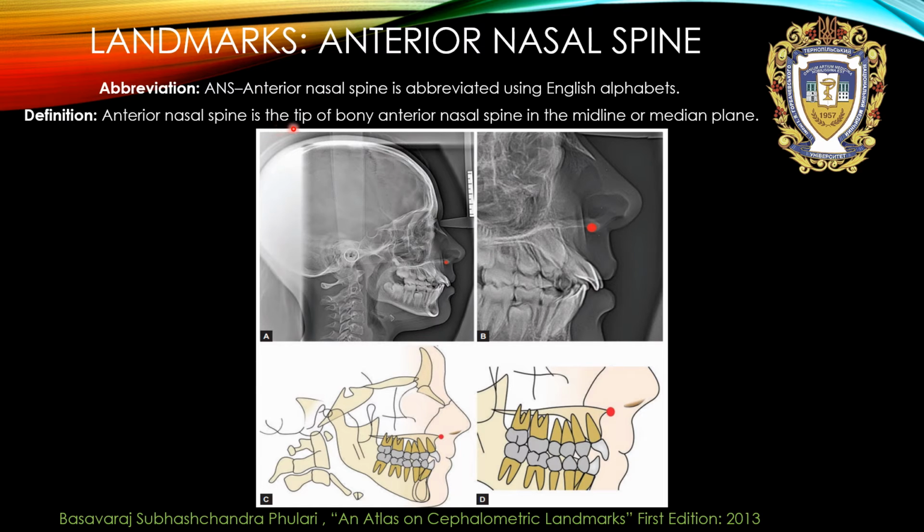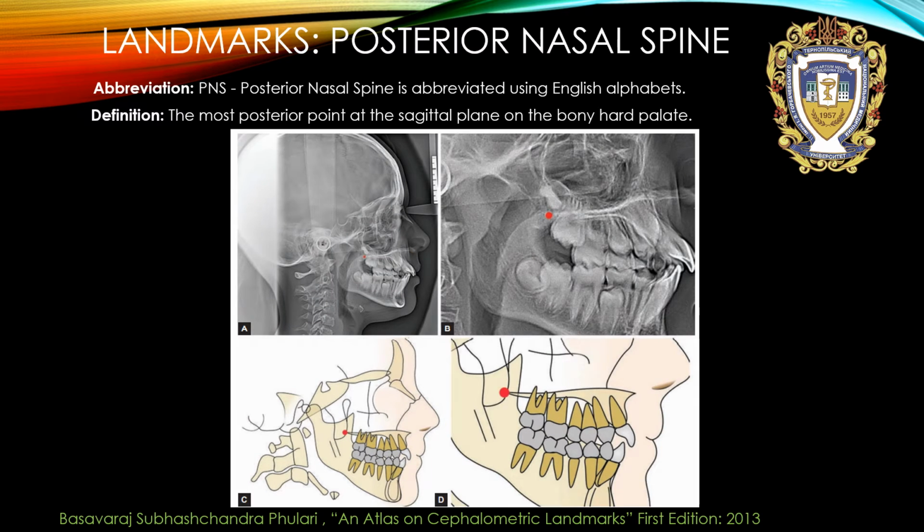It is the tip of bony anterior nasal spine in the midline or median plane. And opposite point, posterior nasal spine, abbreviation PNS. The most posterior point at the sagittal plane on the bony hard palate.